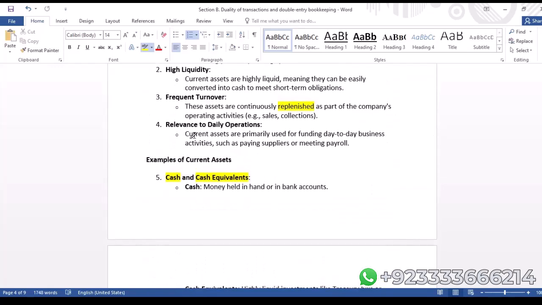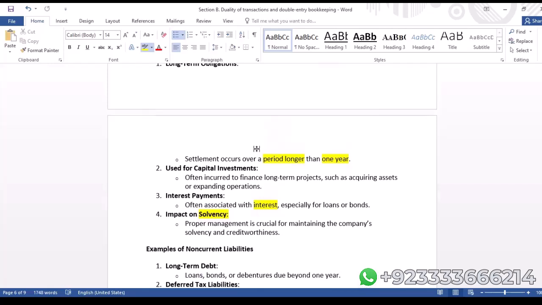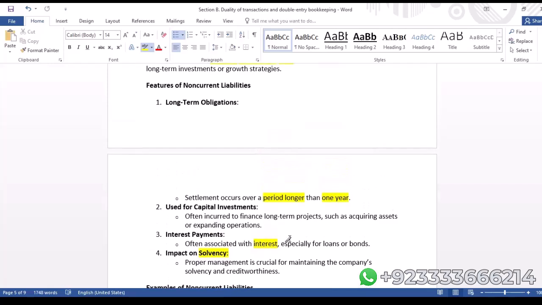So here, current assets are primarily used for funding day-to-day business activities. If we are not able to fund our day-to-day activities and we are having lack of liquidity, it means that we have solvency issues.